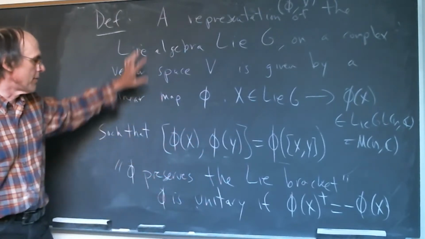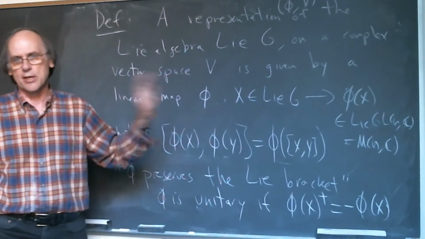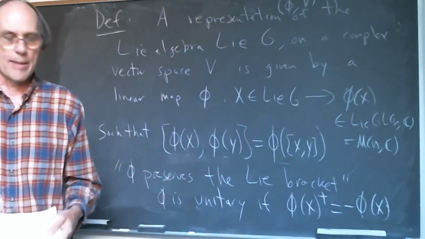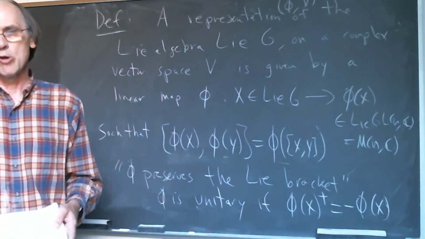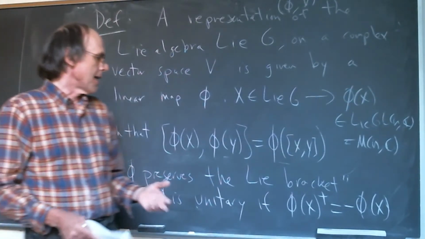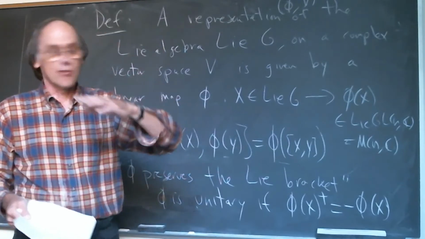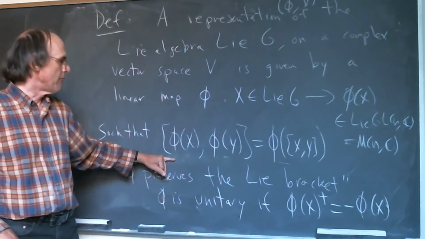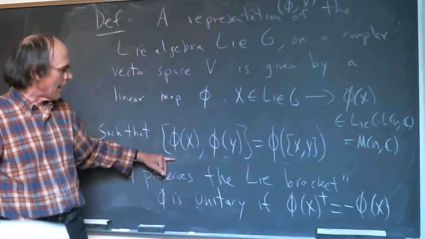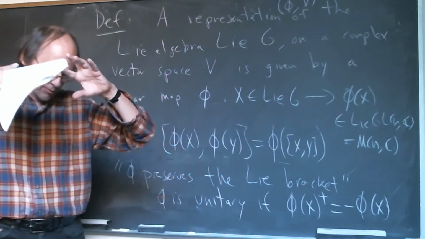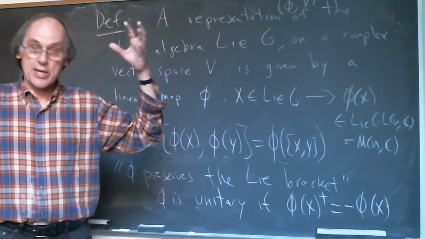but this is the fundamental abstract gadget that we're actually going to work with. I started out by telling you about this fundamental abstract gadget of Lie algebra homomorphisms or representations, and if somebody hands you a representation of the group, you can take a derivative and get one of these. But what actually is going to happen more often is that you're not going to have the representation of the group.